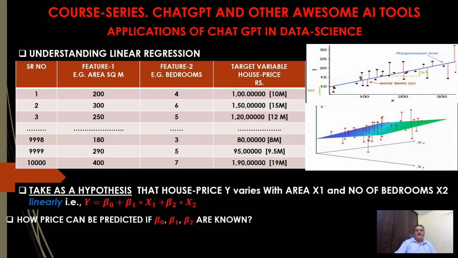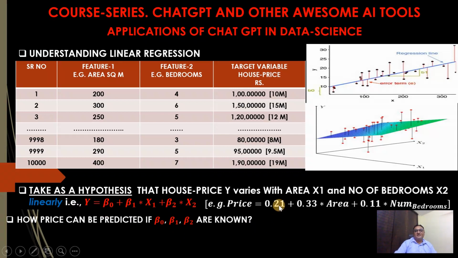Okay, fine. Now, if beta 0, beta 1 and beta 2 can be somehow found, then easily price can be predicted. Suppose in this kind of equation, beta 0 is 0.21, beta 1 is 0.33 and beta 2 is 0.11, and suppose I am given some 10,001th observation where the area is 300 and the number of bedrooms is 5.